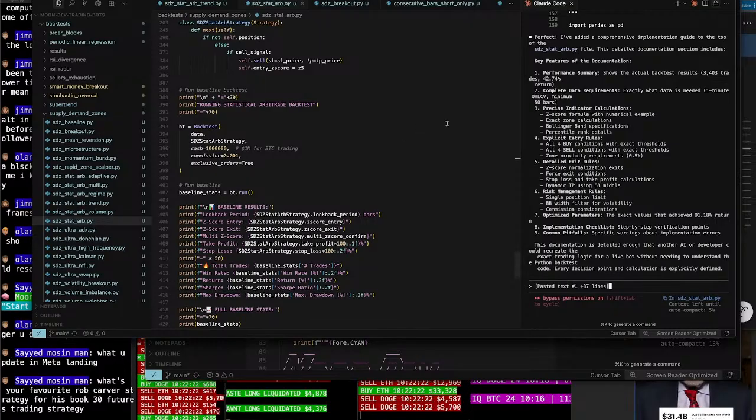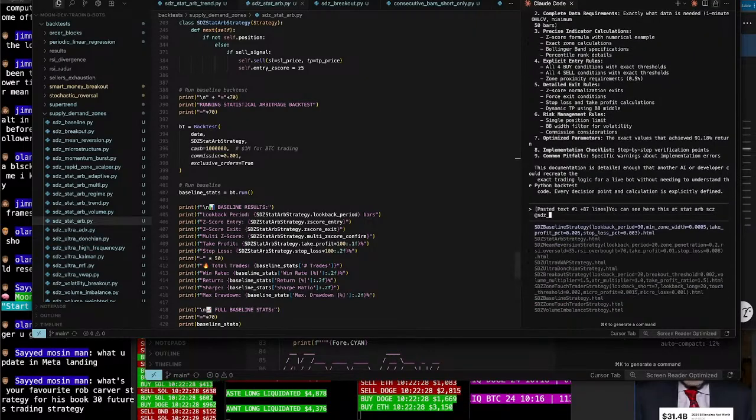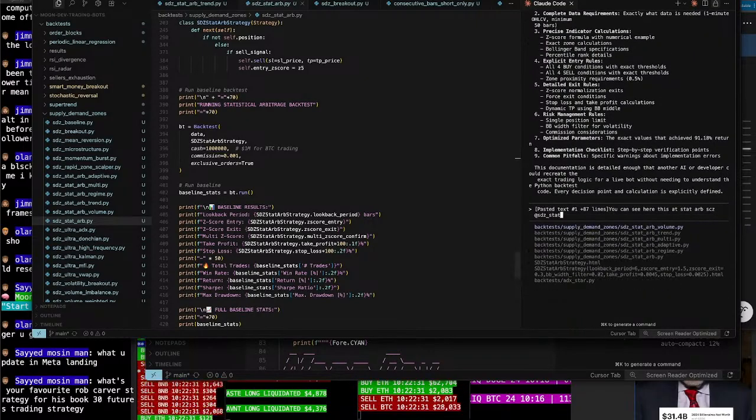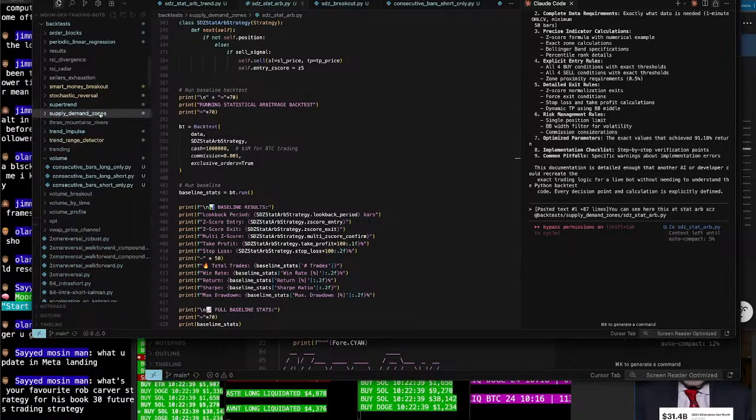You can see here this StatArb SDZ. This is our best strategy here. So what I want you to do is make its own folder here, and we'll call it StatArb outside of the supply demand zone folder.